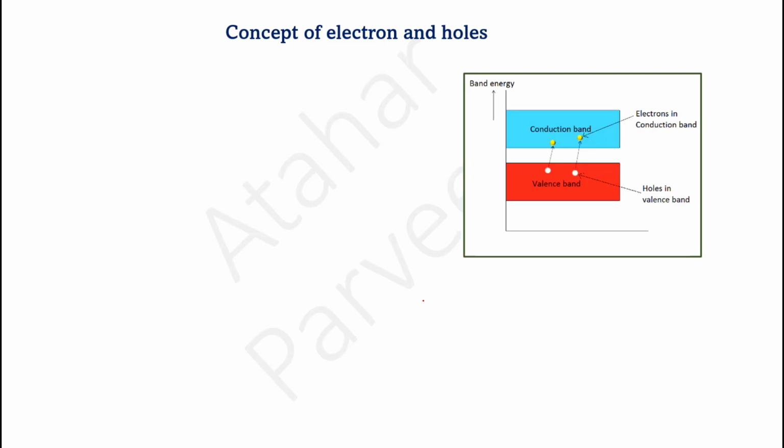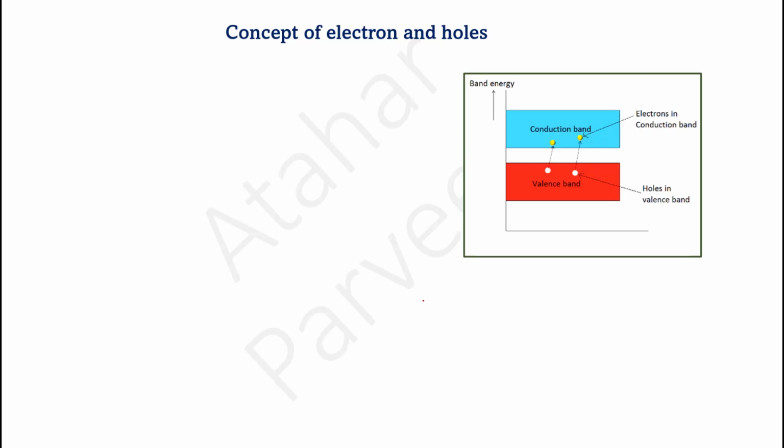That vacancy is called a hole. Electron can be passed from one atom to another, so hole can also be passed similarly, because whenever an electron leaves some place, that is a hole.